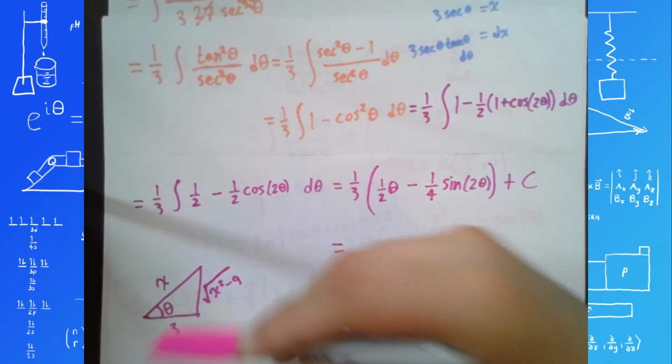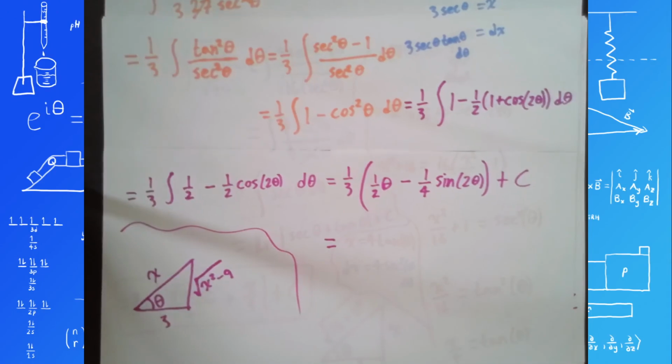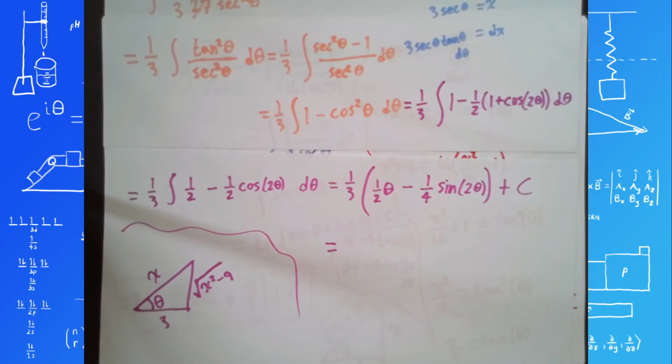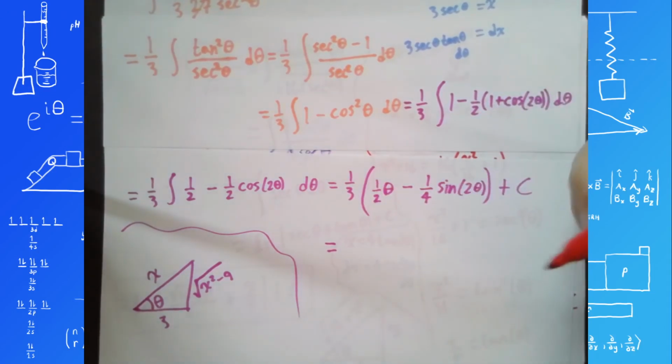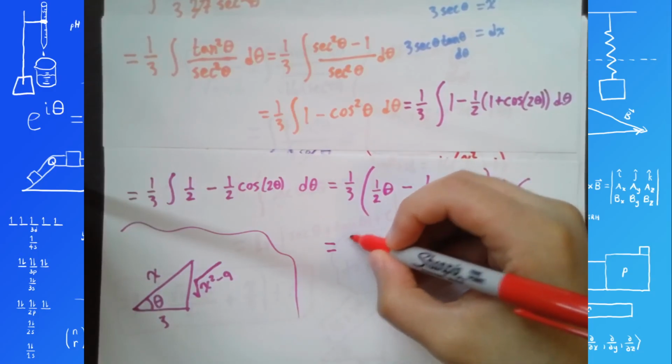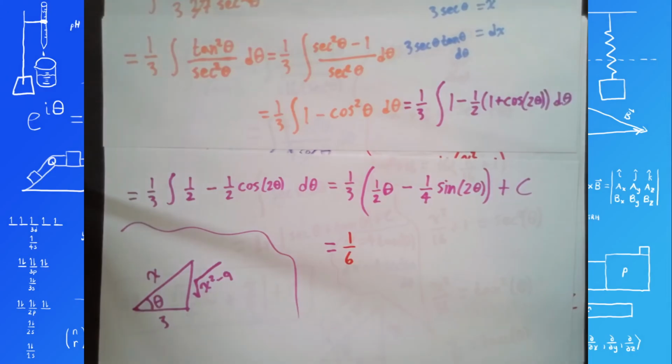So we've drawn our reference triangle. We can use that to rewrite this in terms of x. I'm going to go ahead and distribute the 1/3 over everything, so we're going to get 1/6. And then what is theta?